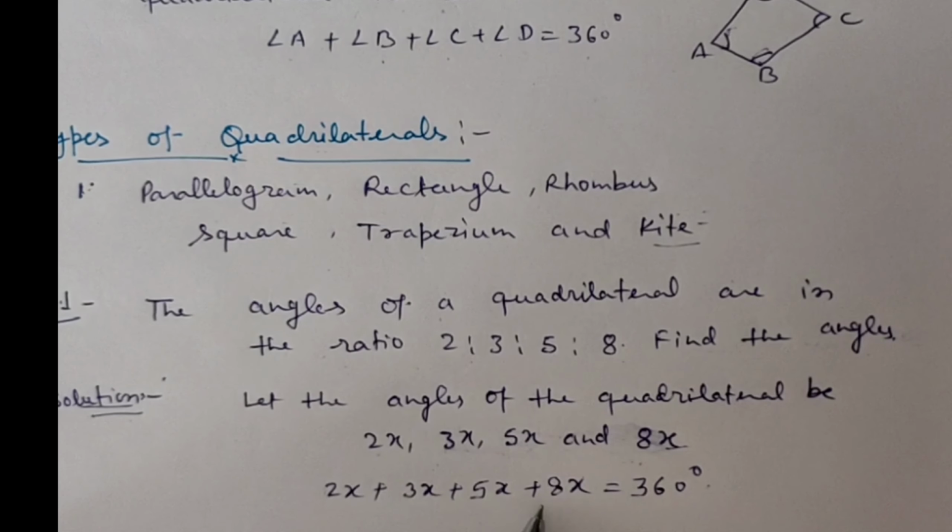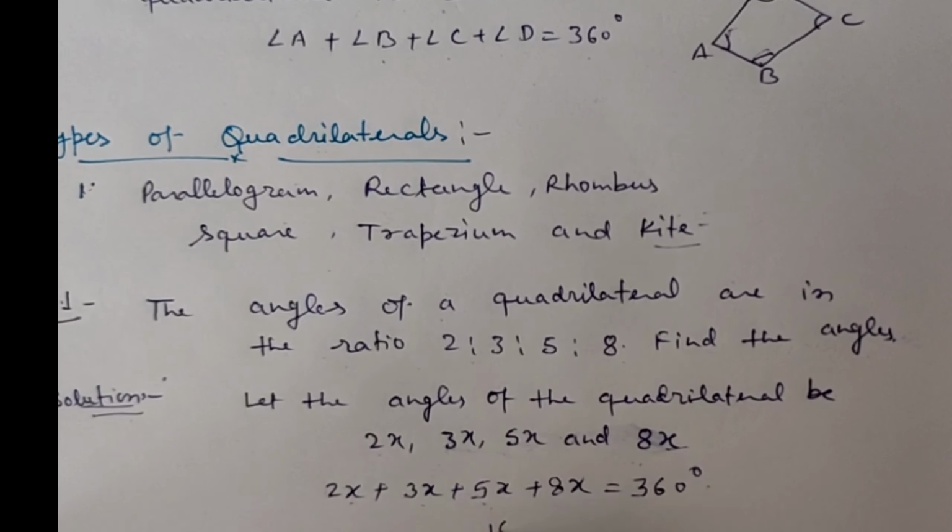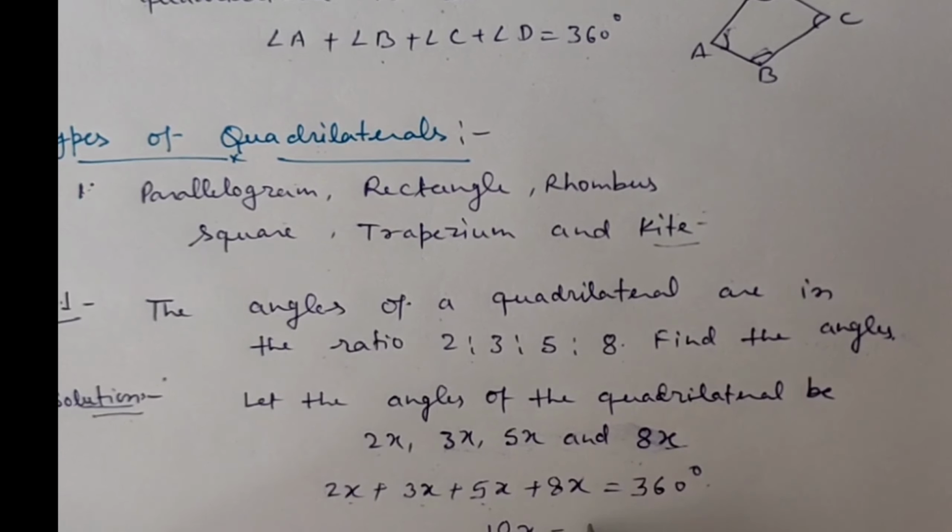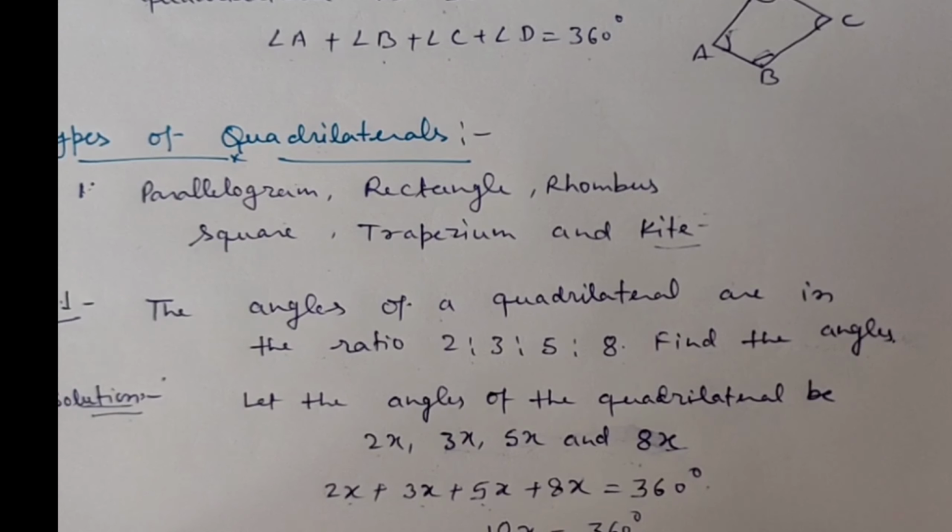On adding this, what you will get? 2 plus 3, 5, 5 plus 5, 10, 10 plus 8, 18x. 18x is equal to 360 degrees. Therefore, x is equal to 360 degrees by 18. 18 twos are 36, so 18 tens are 180, and x is 20 degrees. So the value of x is 20 degrees.